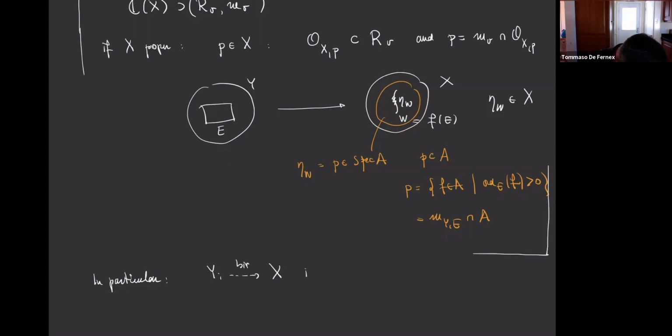So this is an isomorphism at the generic point of EI. So there is an EI here, and this EI will map down to D also birationally.